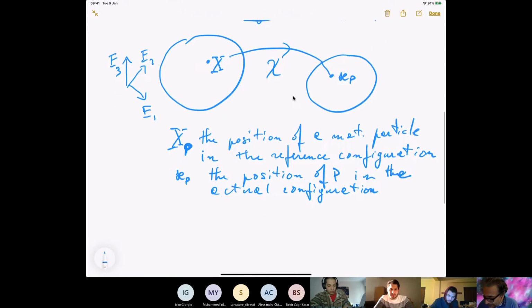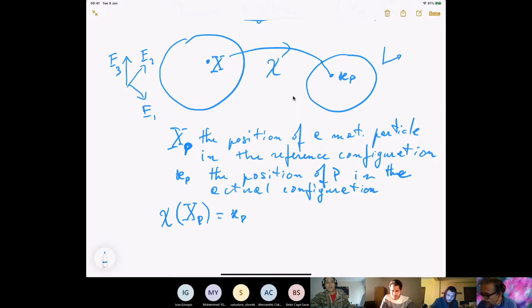So the placement field maps positions in the reference configuration into the position in the actual configuration. In the actual configuration, we have chosen a basis small e1, small e2, small e3, of course also an origin.